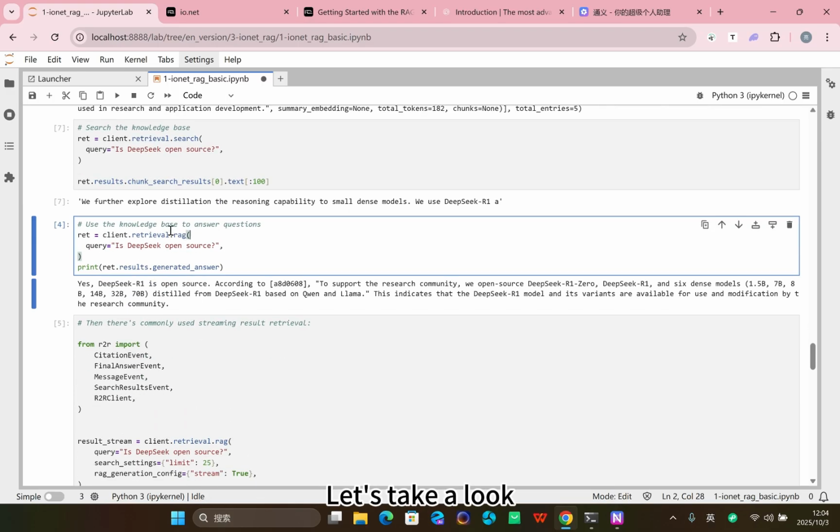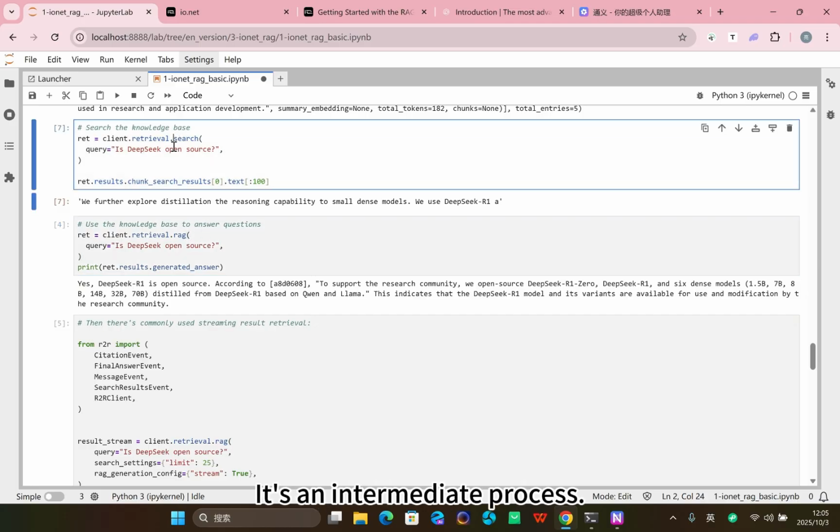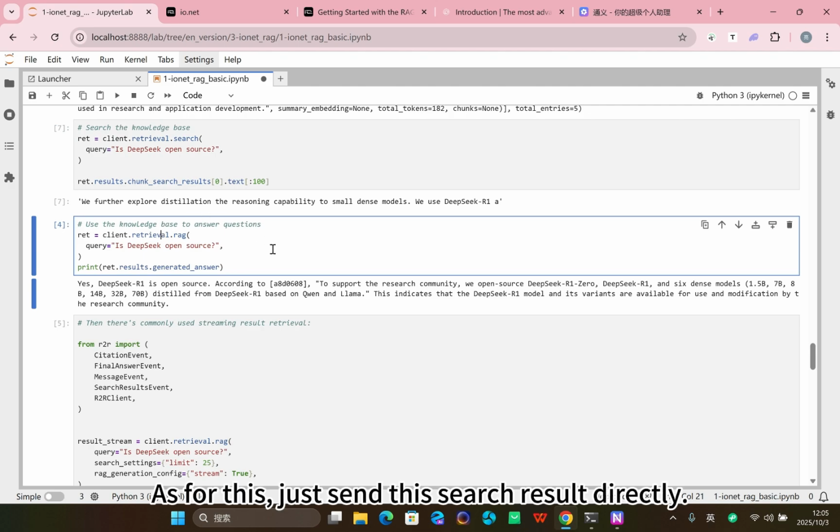This is a search, and this is RAG, which gives the answer directly. The search is an intermediate process, mainly for developers who might write the prompt themselves. With RAG, it sends the search result directly and returns the big model's answer.